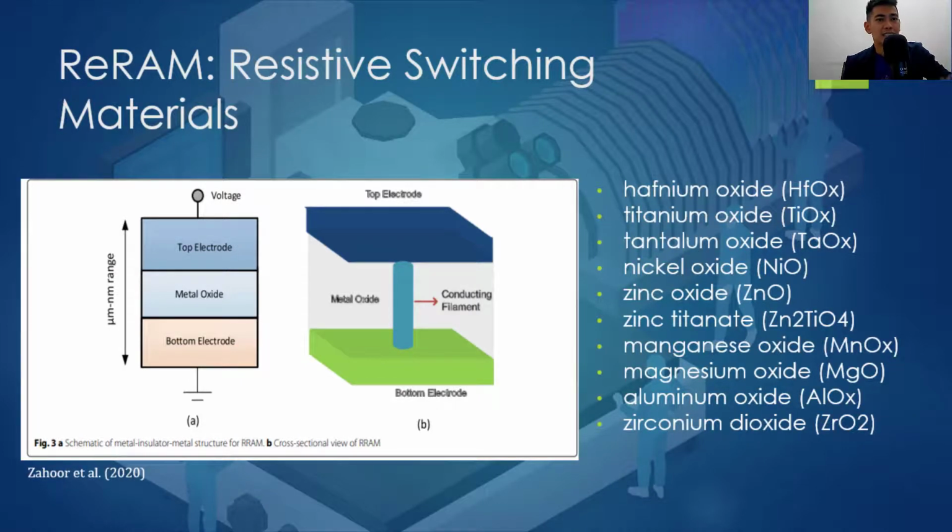The resistance switching phenomenon has been observed for a variety of oxides like hafnium oxide, titanium oxide, tantalum oxide, nickel oxide, zinc titanate, manganese oxide, magnesium oxide, aluminum oxide, and zirconium dioxide. These materials have drawn the most attention and have been studied extensively during the past several years.